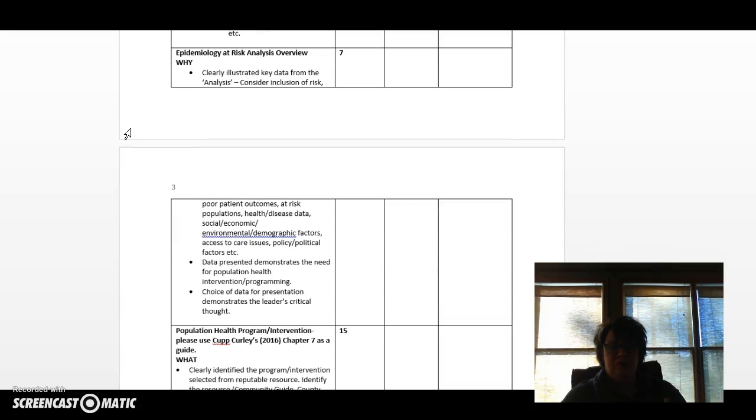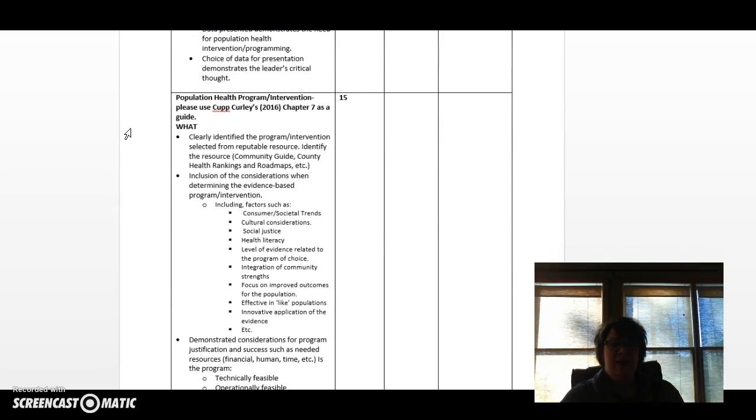As we move to the nuts and bolts, we're going to start out with the why. So you're really going to showcase what you've done within your epidemiology at risk analysis. And as we move on, we're going to move into the what. You're going to look at the program that you're going to actually implement, and there are, like I said, tons of resources available to you.